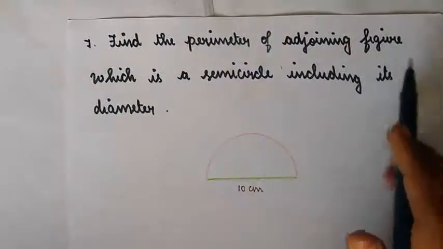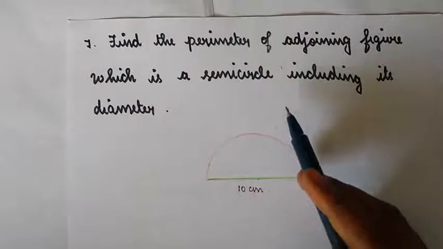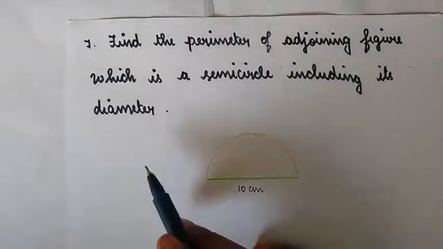Find the perimeter of the adjoining figure which is a semicircle including its diameter.